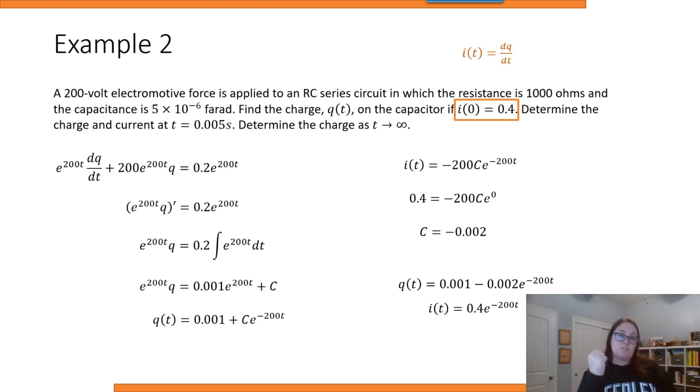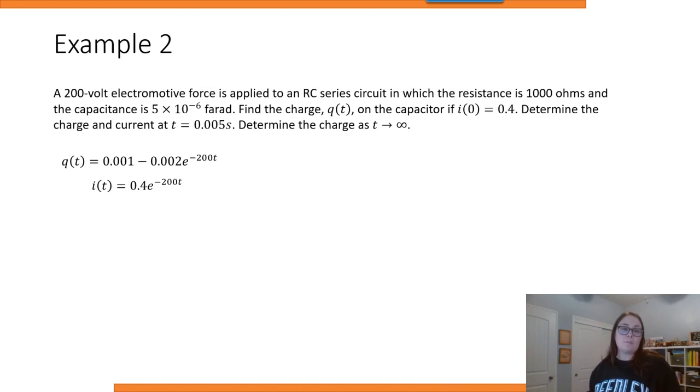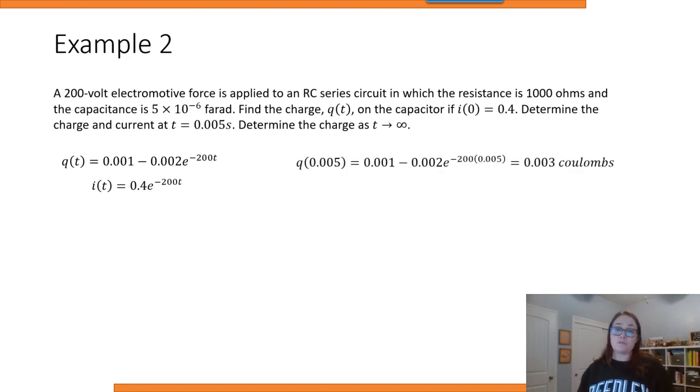They also want me to find the charge and current at the time 0.005. So that's what we'll do next. That's just taking our two equations that we just got and plugging in that time. So I'll take Q of t equals 0.001 minus 0.002 e to the negative 200t, and just plug in 0.005 for t. And I get 0.003 coulombs.